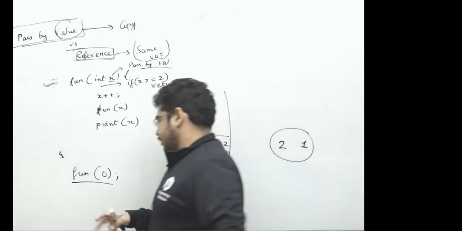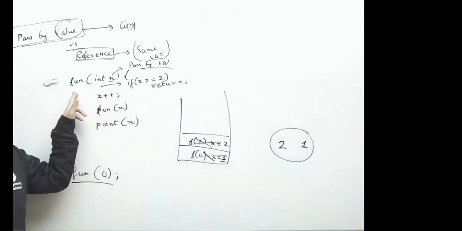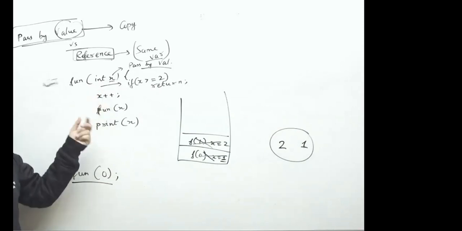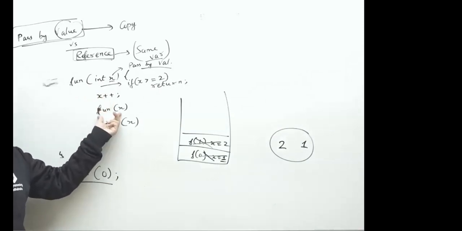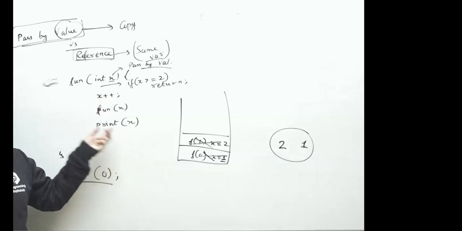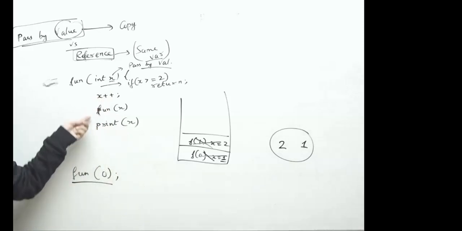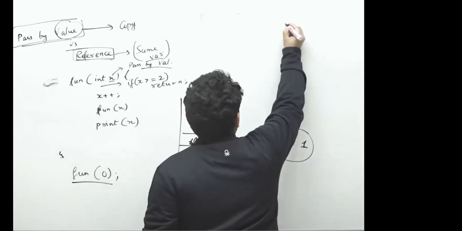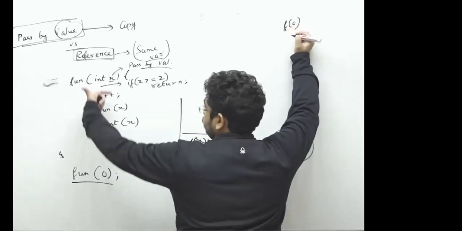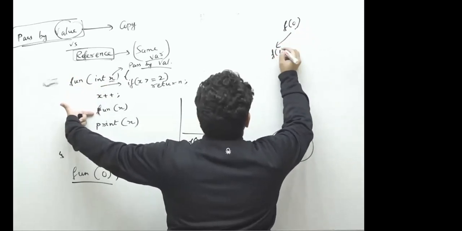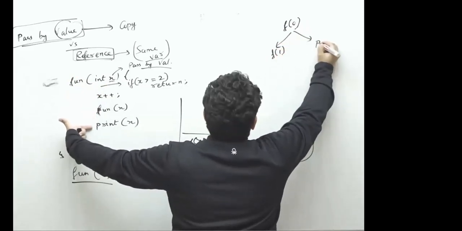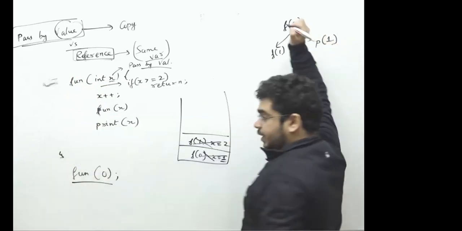Please repeat. Sure, I'll repeat it. We called f of 0. What did it do? It did plus plus. It became 1. Then it called f of 1 and later on printed 1. Do you agree? So it is doing 2 steps basically. If you want to do it with a tree, it is basically doing 2 steps. X becomes 1, it calls f of 1 and it prints 1.